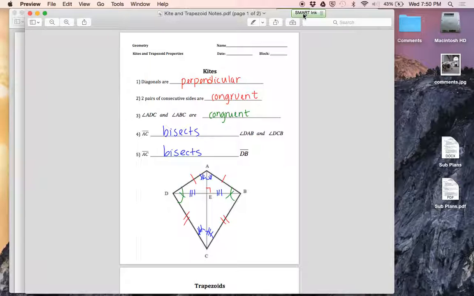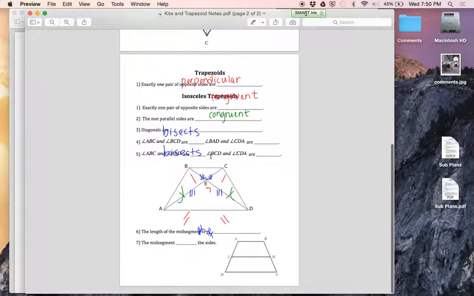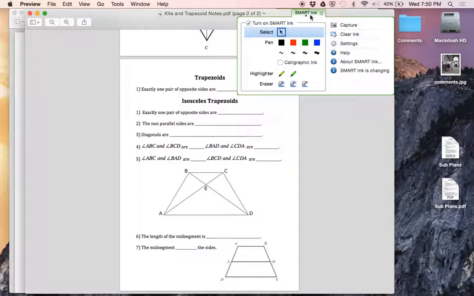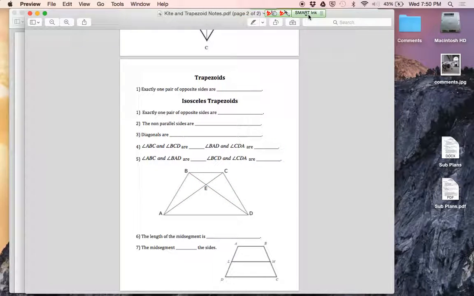Now let's move on to trapezoids. So with trapezoids, we have 2 types of trapezoids. We got regular trapezoids, and then we have isosceles trapezoids. So in any trapezoid, for it to be a trapezoid, exactly 1 pair of opposite sides have to be parallel.